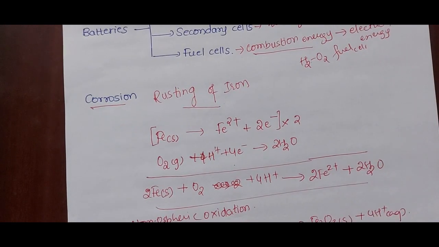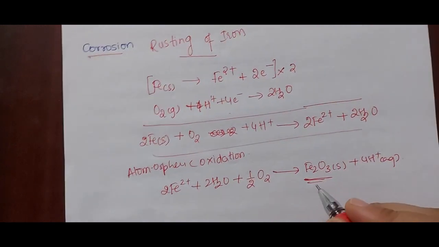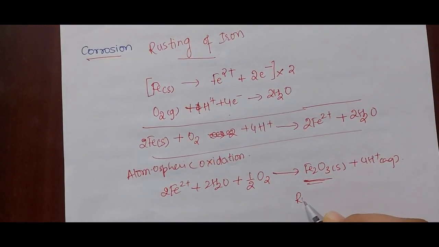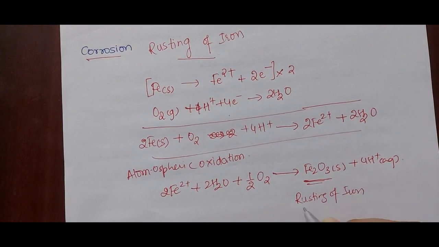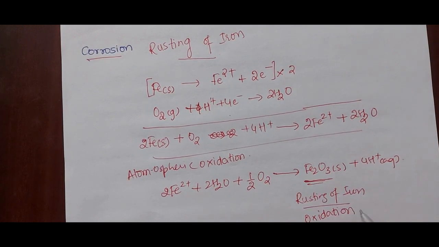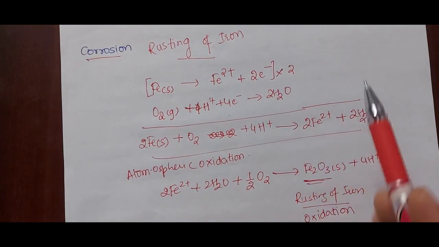So overall, what we get is rust in hydrated form, which we call iron rust or rusting of iron. And this occurs due to the oxidation of the products of anodic and cathodic reactions.